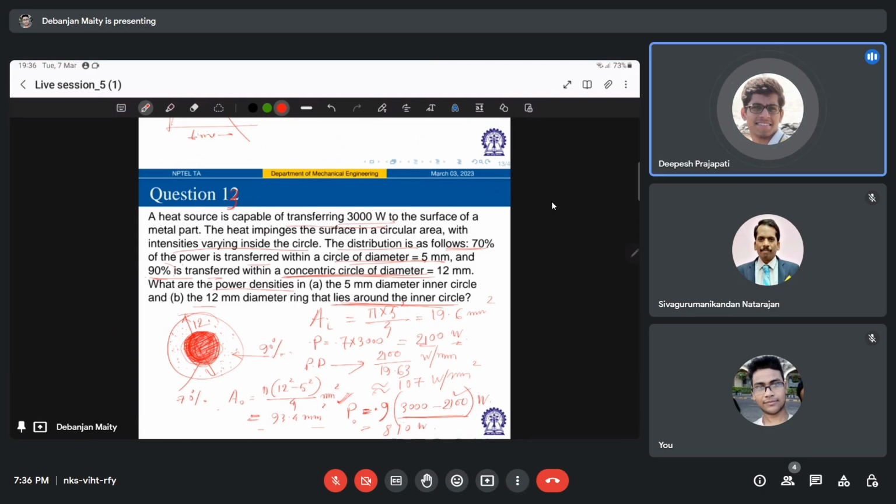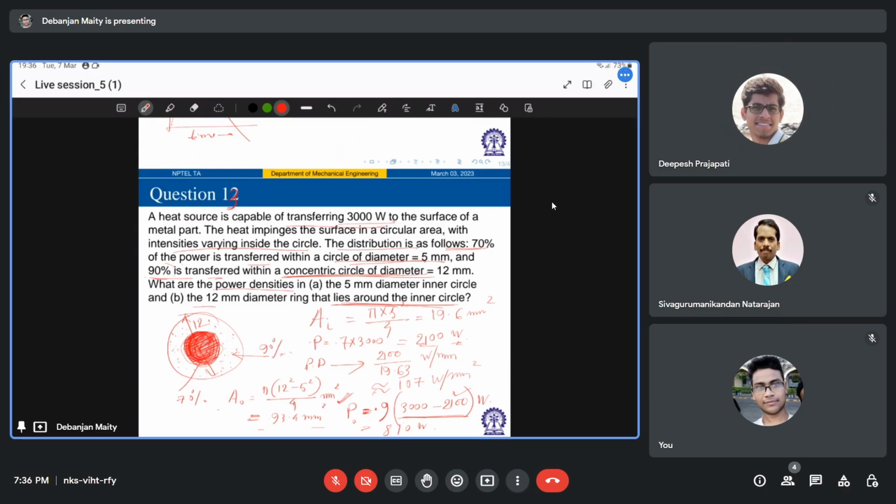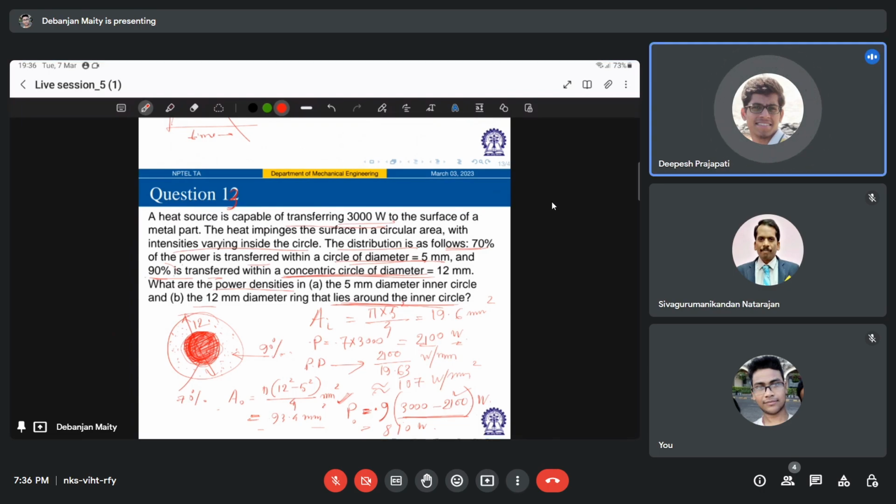I think 90% is transferred in the whole circle of 12. I guess 90% of 3000 minus 2100. And then 90% is of the total heat source, right?